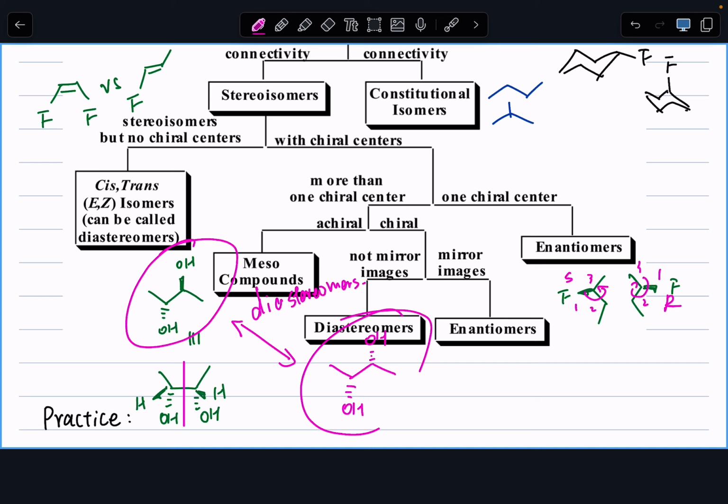Okay, now these pairs are my enantiomers, and we can draw it. It's coming out. Oh, wait, these are the same molecule. So we want to switch both of them.